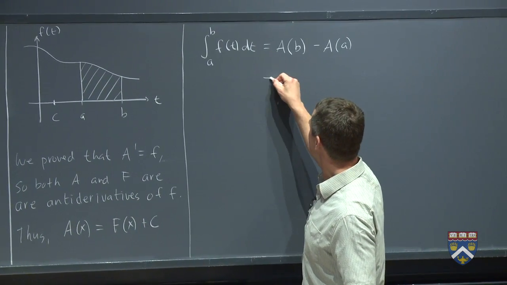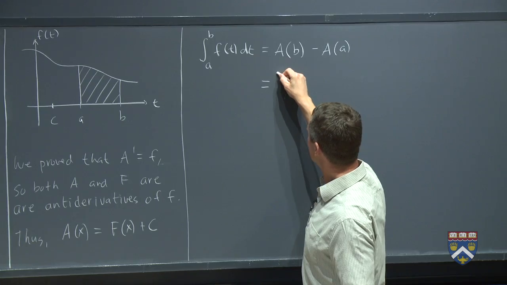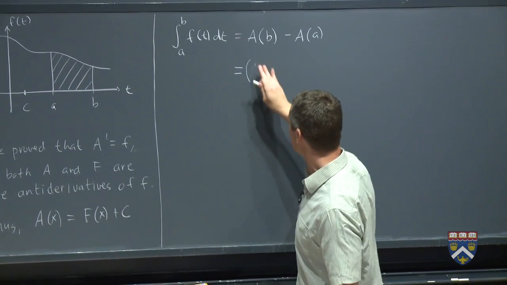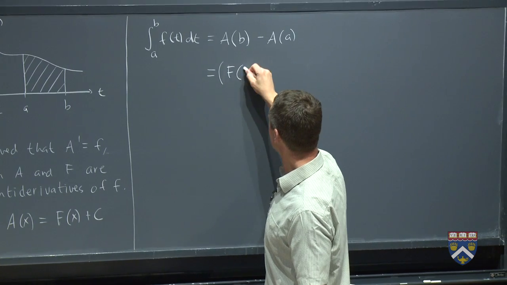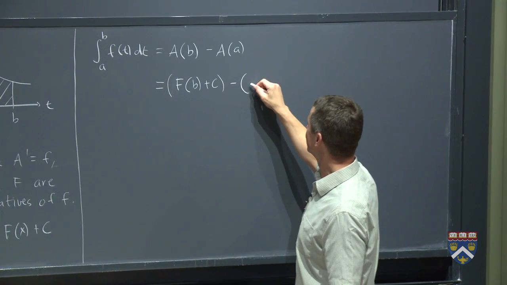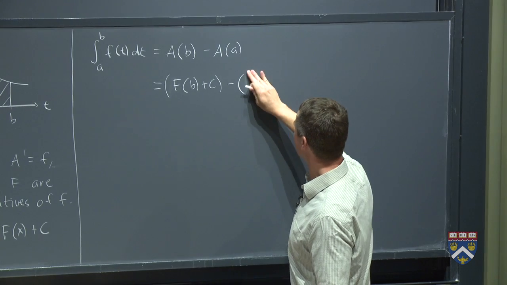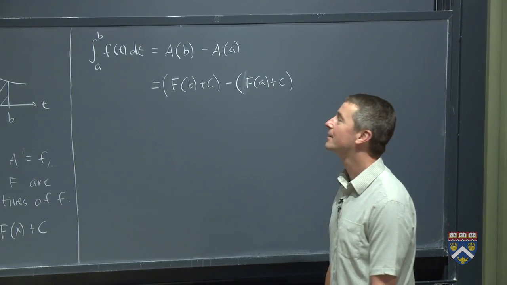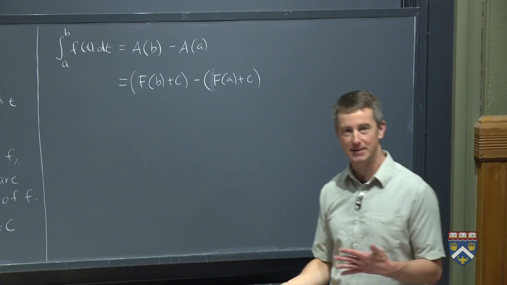So what can I write here now? I can write A of b is the same as capital F of b, plus this constant. And A of a is the same as capital F of a plus this constant. And the constant has to be the same, right?